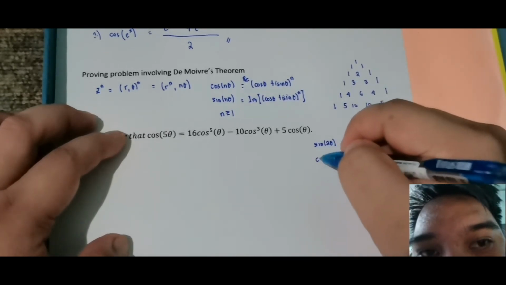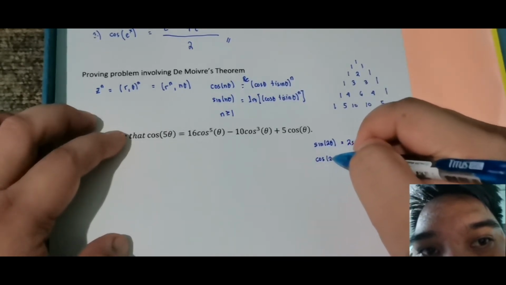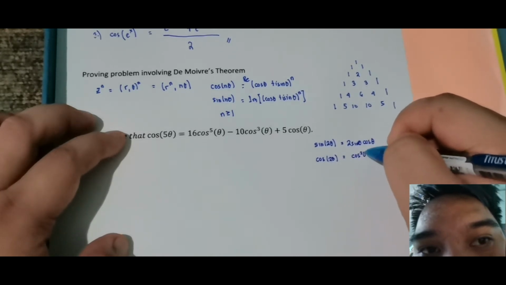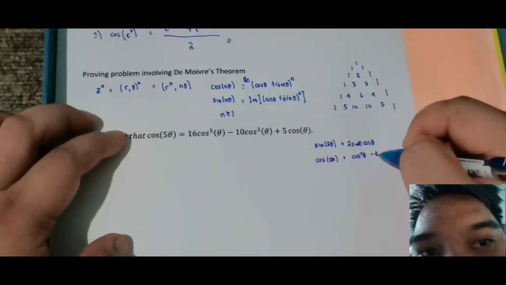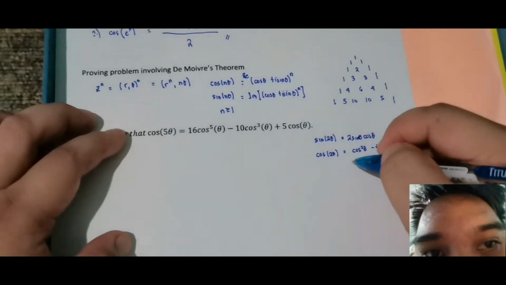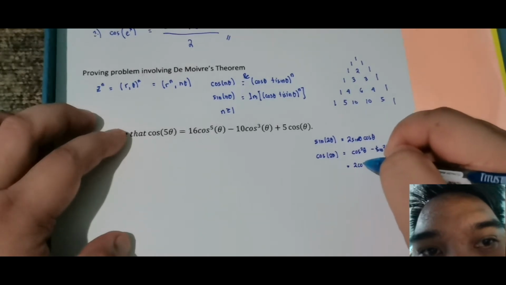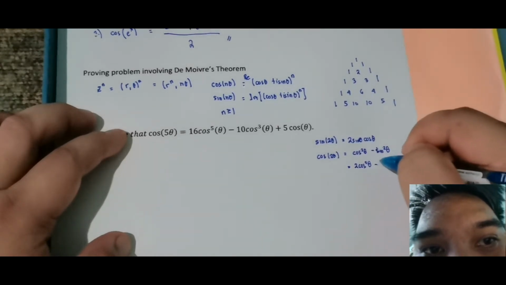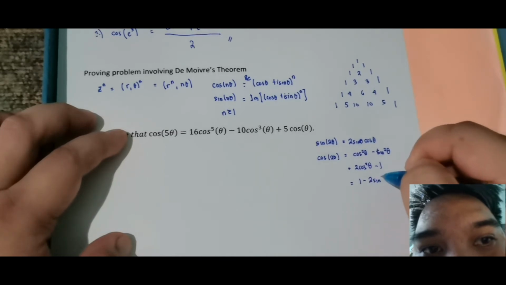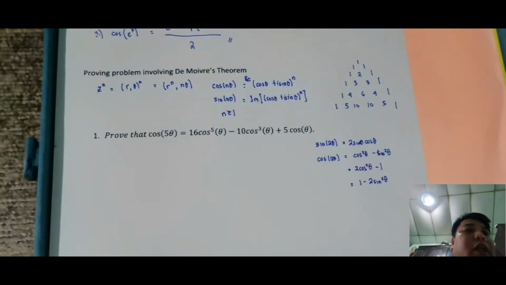Okay, another, si cosine 2 theta ay equal kay cosine squared theta minus sin squared theta, or equivalent sa 2 cosine squared theta minus 1 or 1 minus 2 sin squared theta. So, ayan yung mga identity niyan.